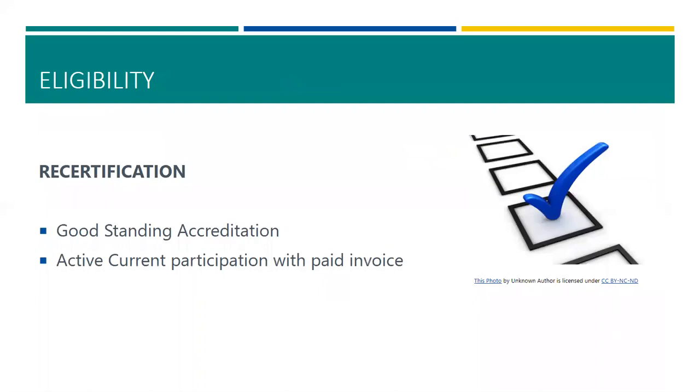Colleges have a choice between applying for the standard Leader College Recertification and a higher level of recognition, Leader College of Distinction. Colleges that choose to apply for standard recertification must meet the following criteria. They must be in good standing with the accrediting agency, not on a warning or on probation, and actively participating in the ATD network, at least participating at the annual network benefit level of $8,000.